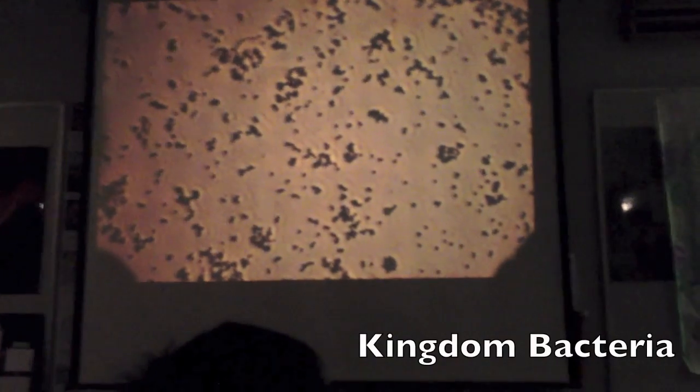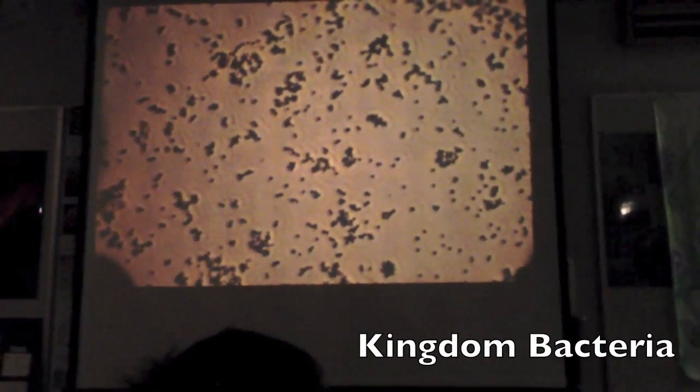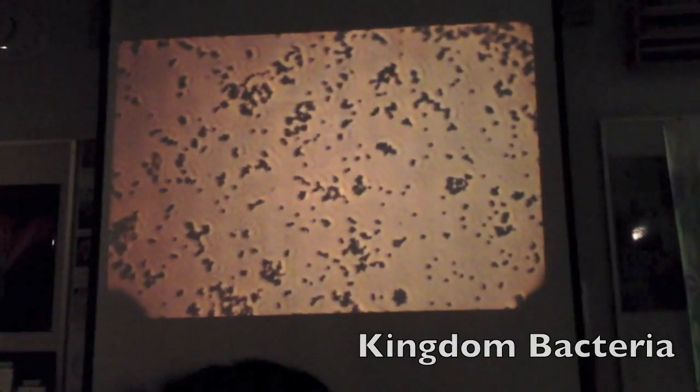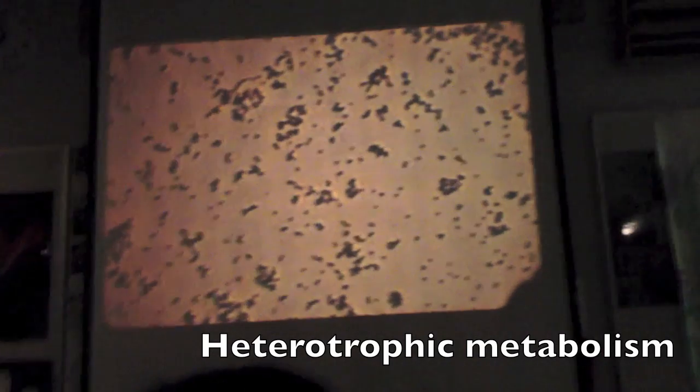Worms. What kingdom are we looking at? Bacteria. And what type of metabolism? Autotroph. Heterotroph. Can't really tell, but they look like they're black, but they're stained. And they are what? Cocci. Yep, little spheres.